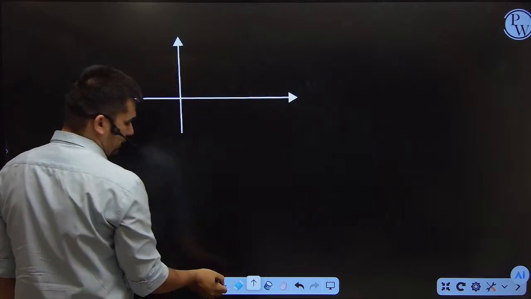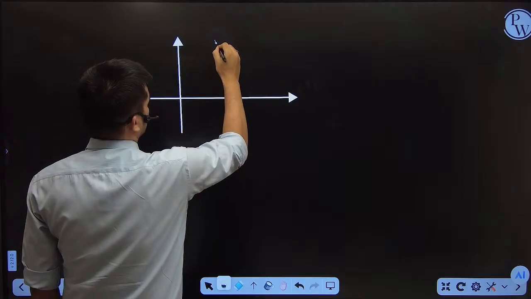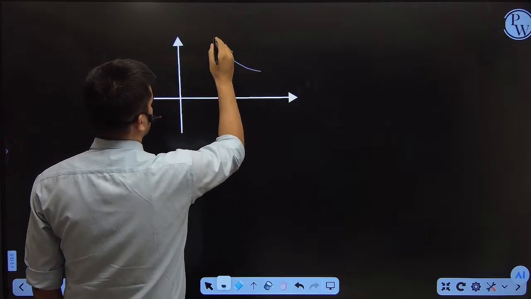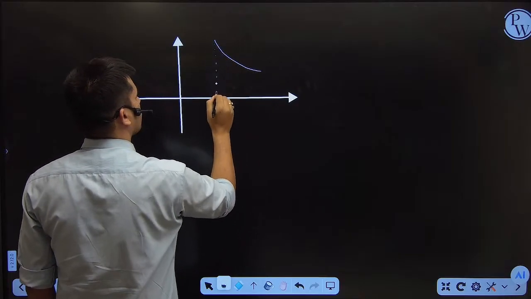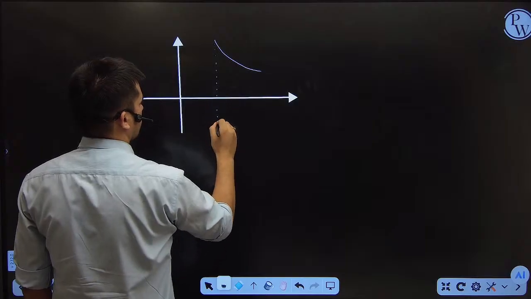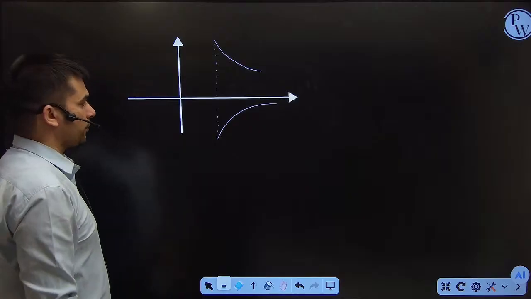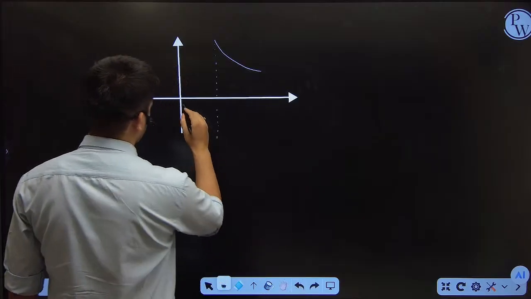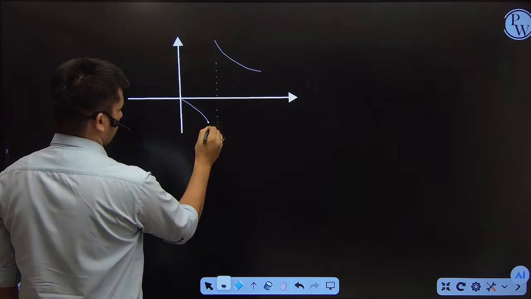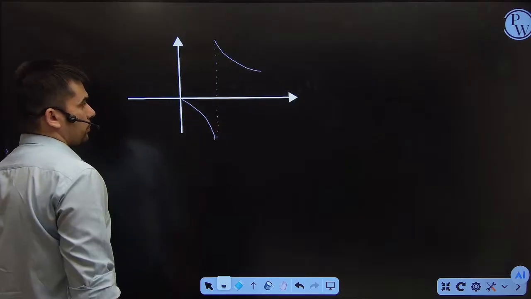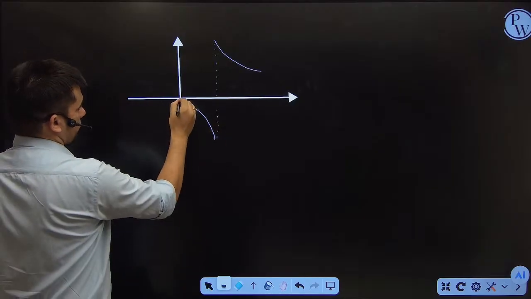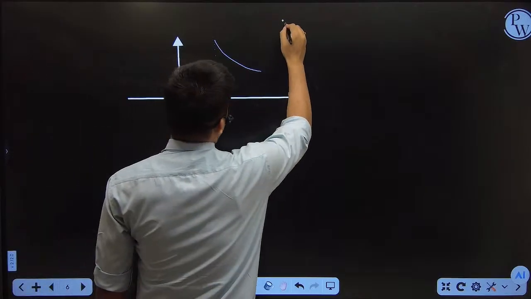Let's suppose I have a situation like this. Or let me take it this way. This is the y is equal to f(x) graph.